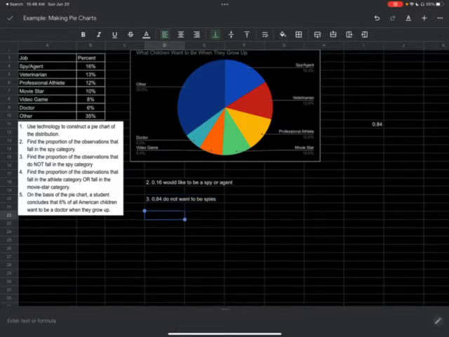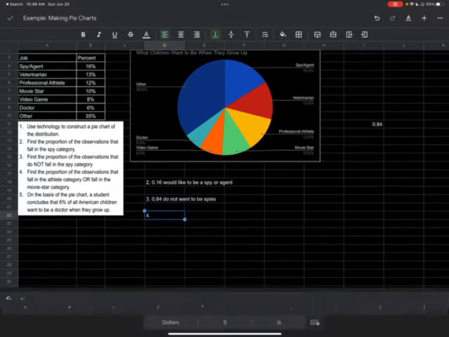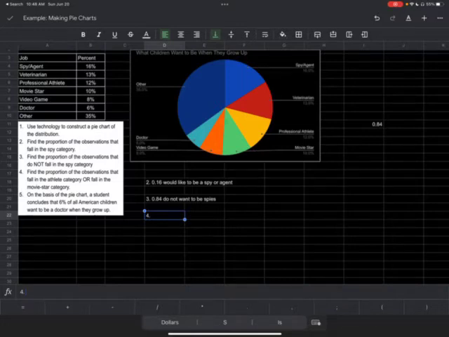Number 4, find the proportion of the observations that fall in the category of athlete or movie star. So athlete, if you look at it, professional athlete is 12%, movie star is 10%. So that means 22% would like to be either a professional athlete or movie star.